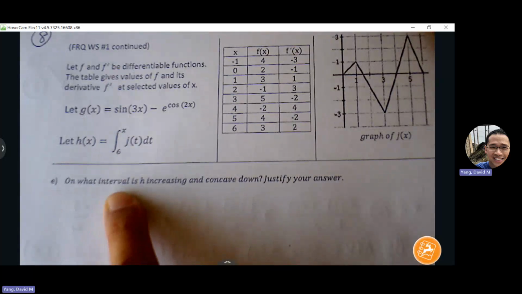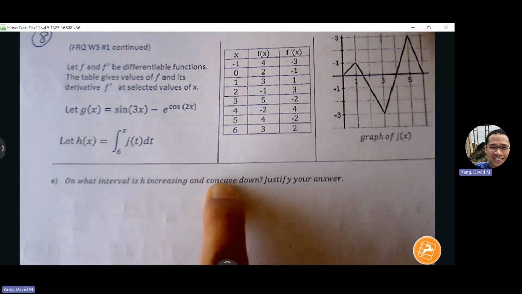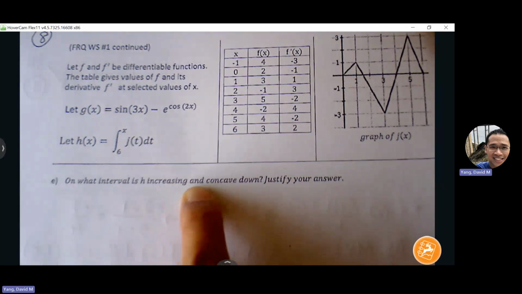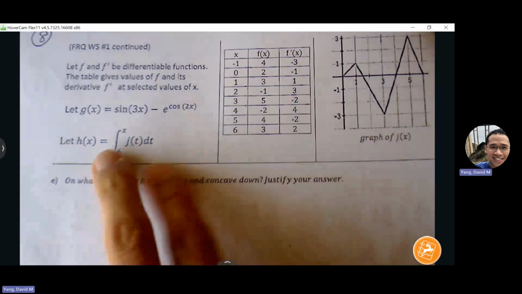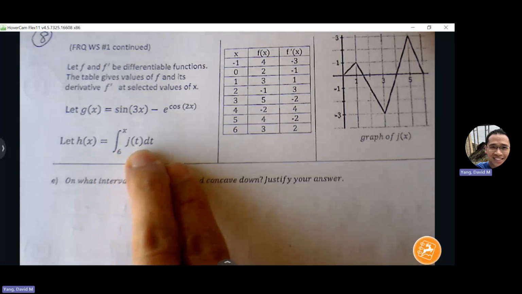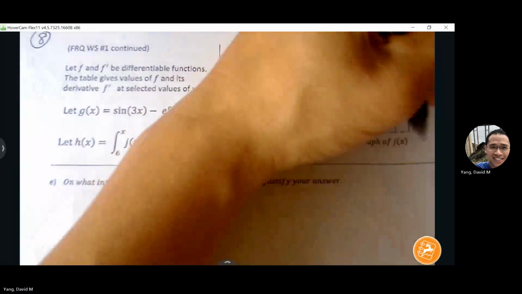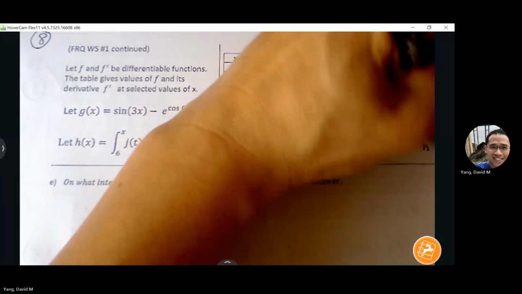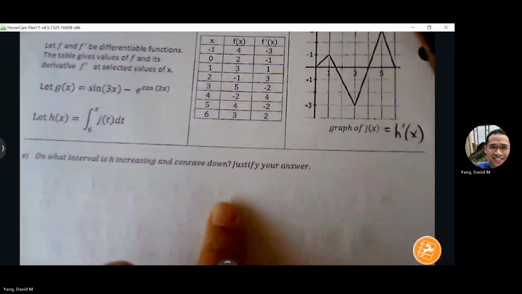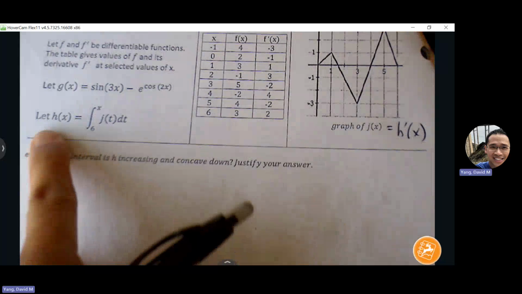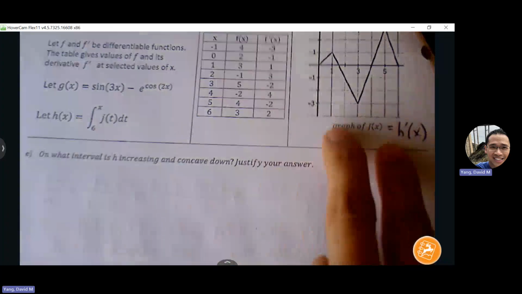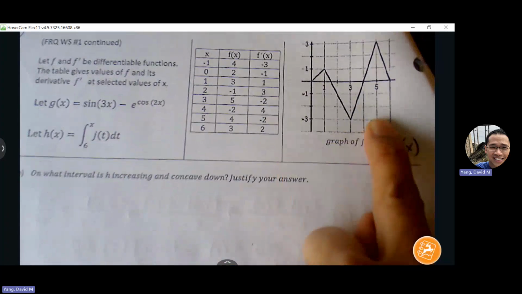Okay, part E: on what interval is h increasing and concave down? So we already know that h prime is j, right? We discovered that h prime is just j of x. So this is the derivative of h.